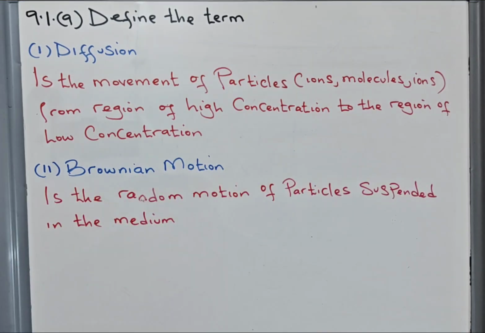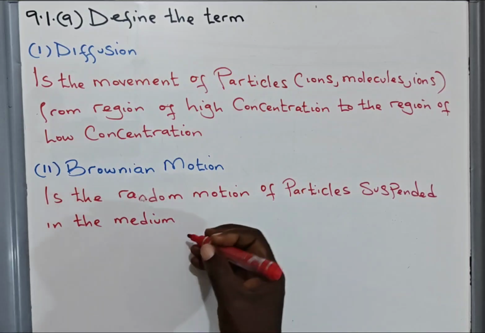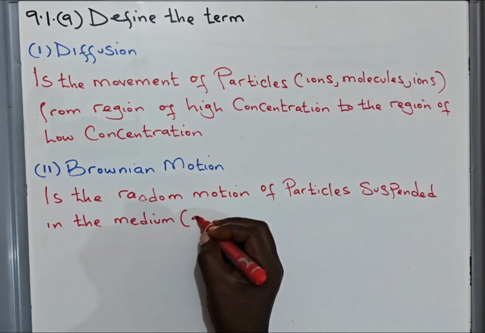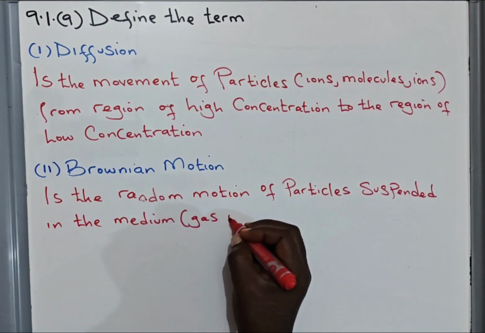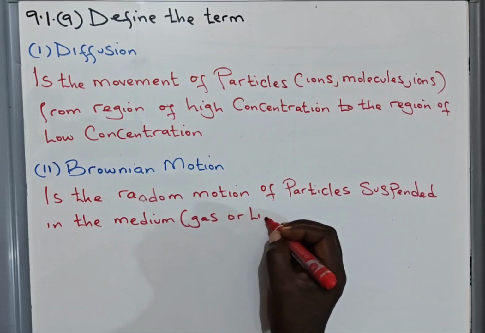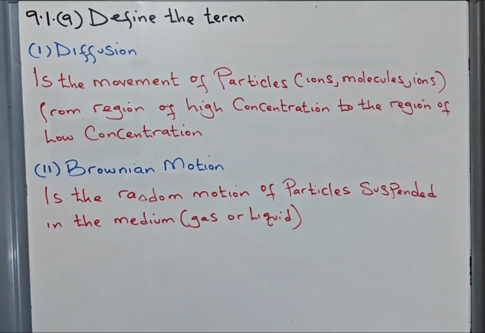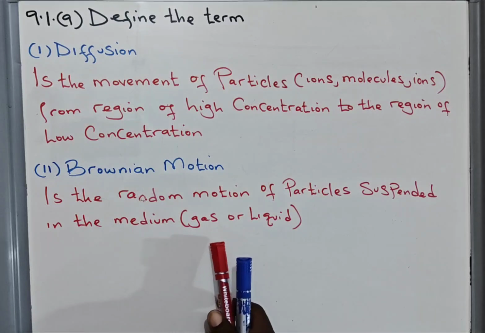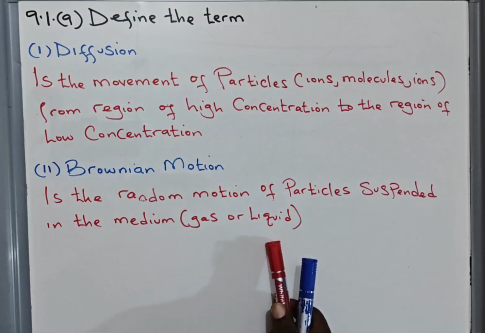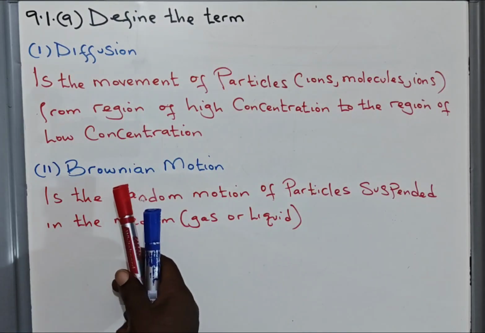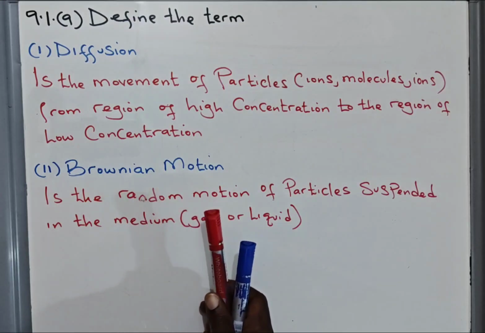The medium here can be gas or liquid. So that zigzag motion observed when the particles are suspended in a gas or liquid is what we refer to as Brownian motion.